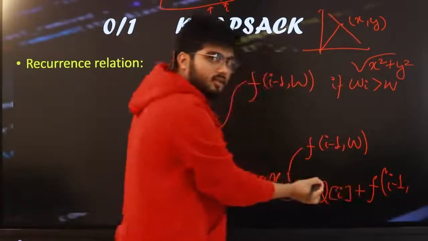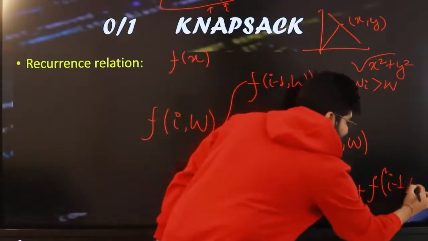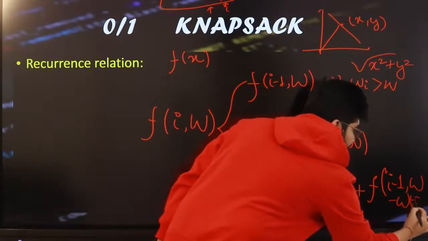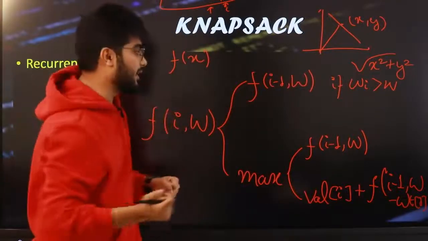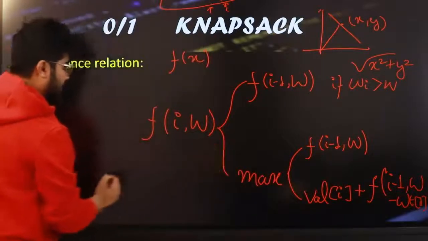Should I write W here? No, you shouldn't write W here because now your capacity has been reduced by the weight of that particular item. If that is not visible to you, I'll just write it here.